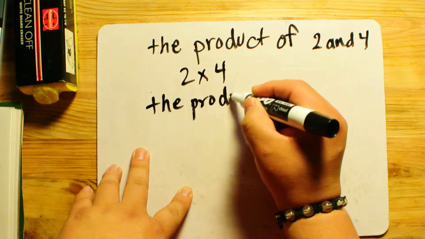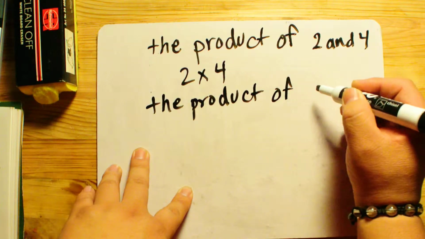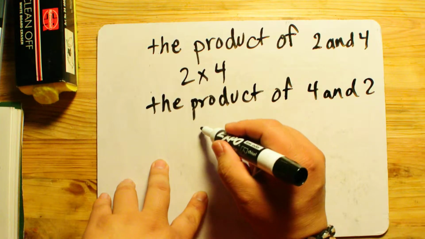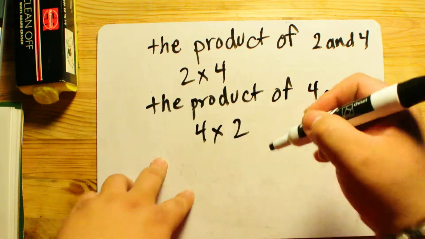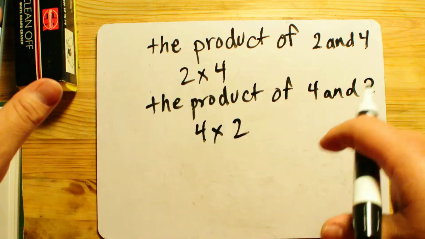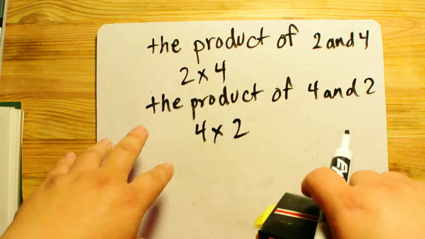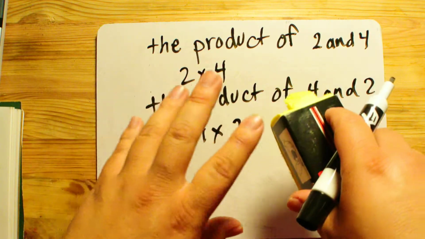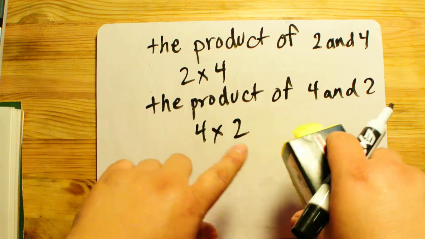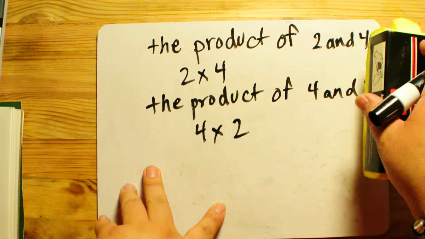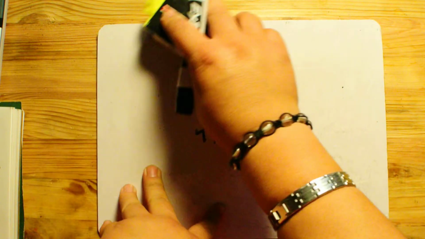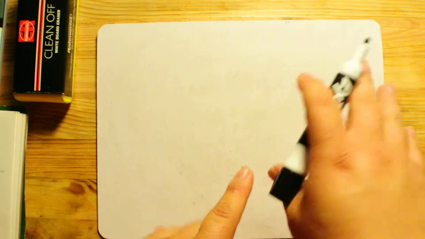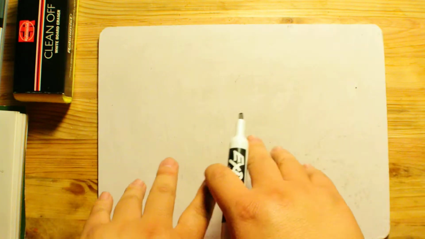The product of 4 and 2 means 4 times 2. This is important sometimes when we're using letters or variables, and the order depends on something, like it changes. It's not that important because you're just multiplying them, but if you want to know which one's which, then it does matter.